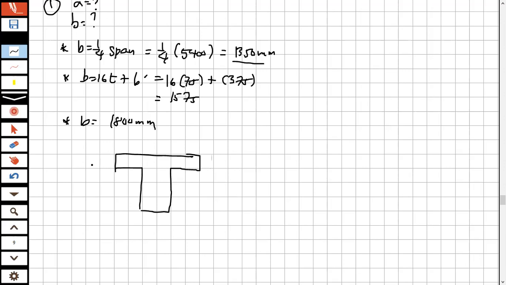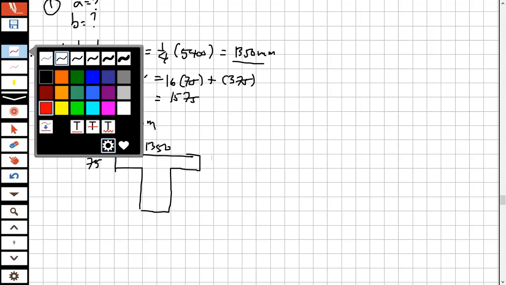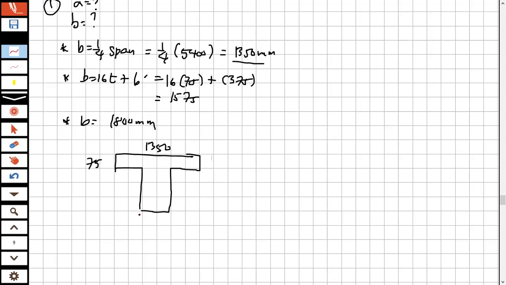This is 75, and our calculation says this is 1,350.